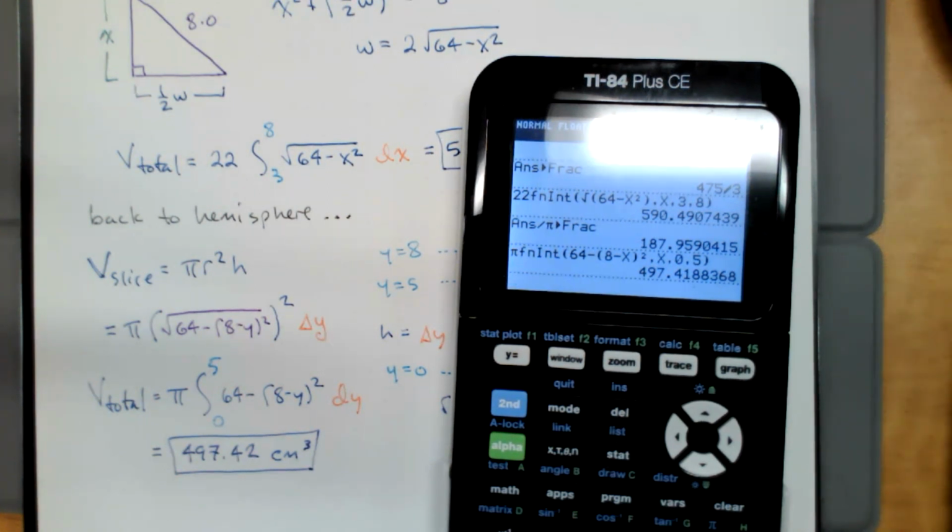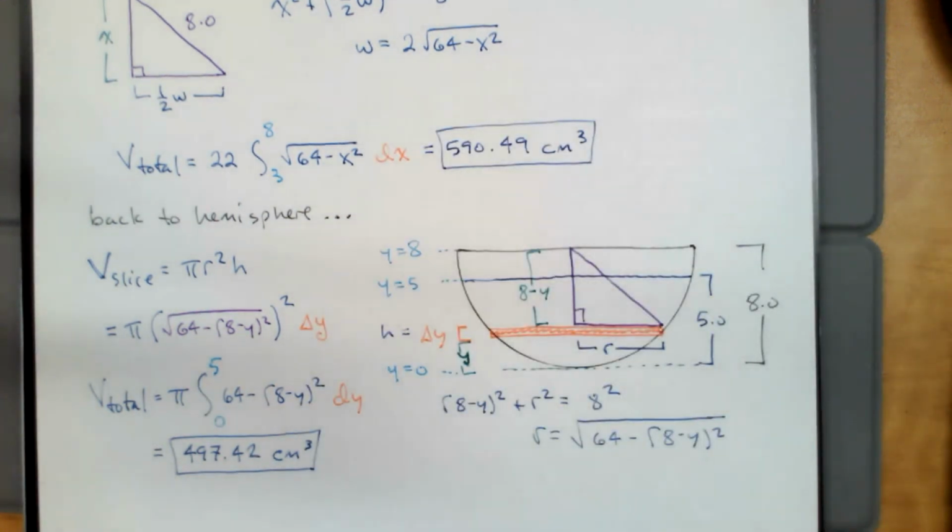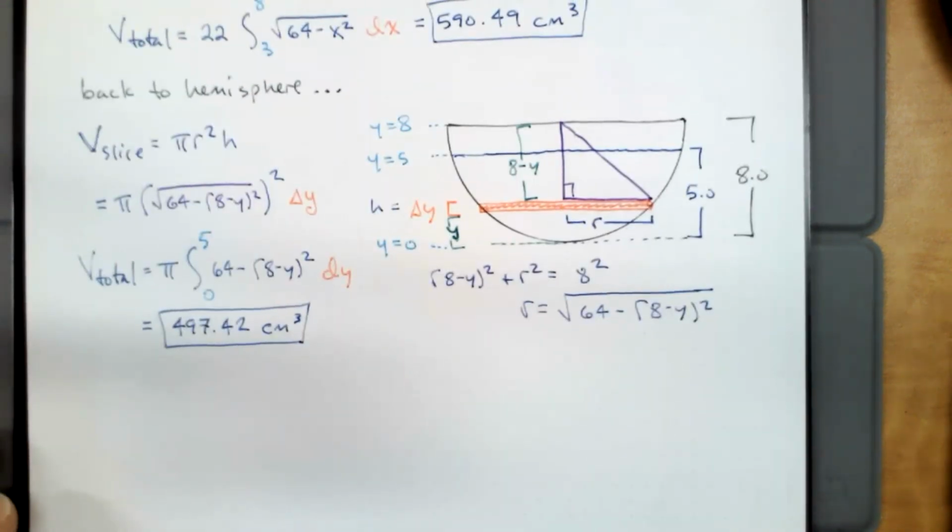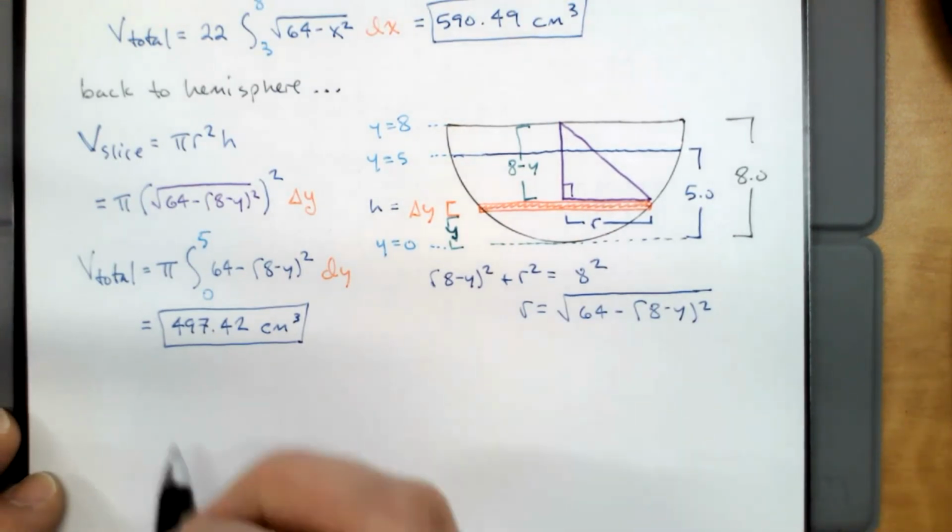Any questions? Here's what you want to do for the next three integrals after you review these. When you review these, the next thing you would want to do is the half cylinder.